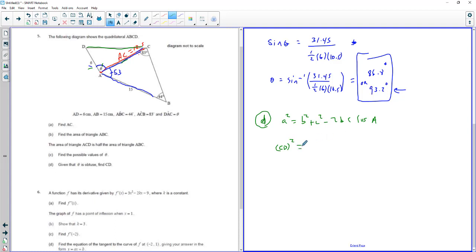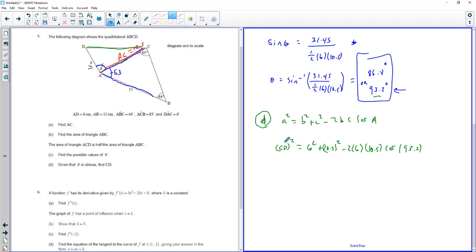And B could be either one. It could be 6 or 10.5. We'll just call it the 6. 6 squared. C would be 10.5 in this case. Minus 2 times 6 times 10.5 times the cosine, and that's the angle we're going to use for the cosine, which is 93.2.